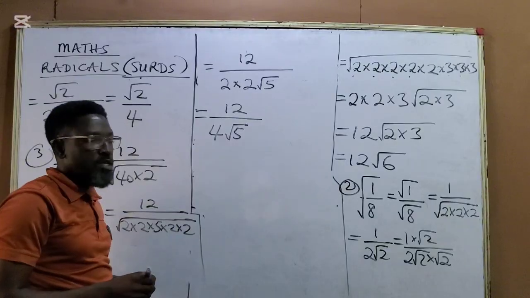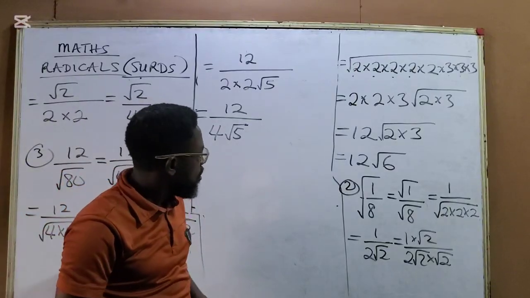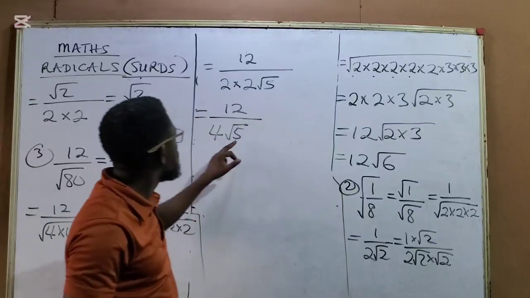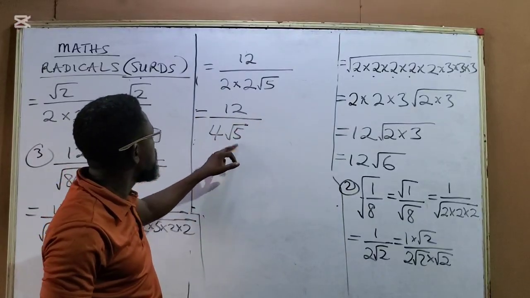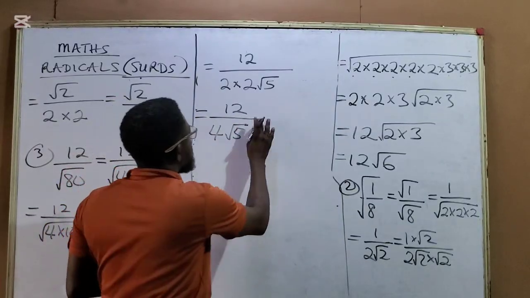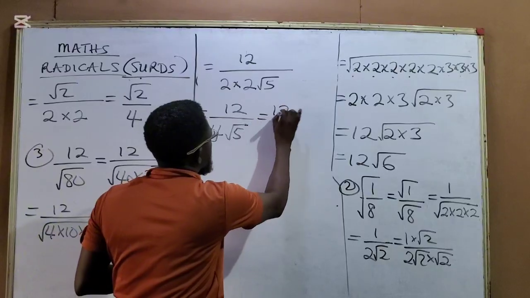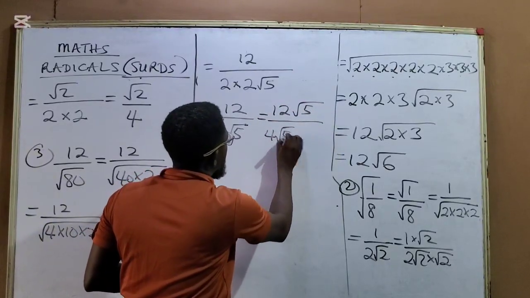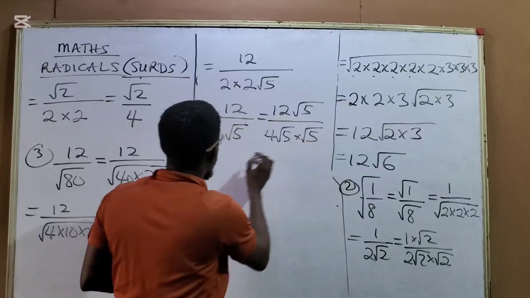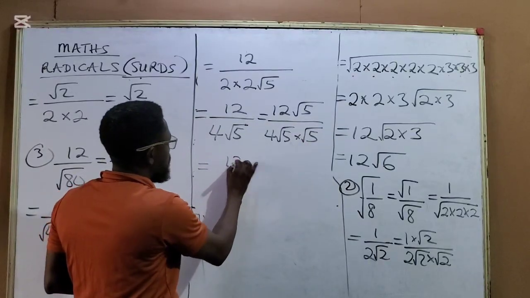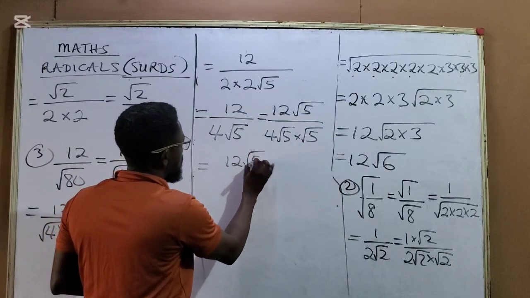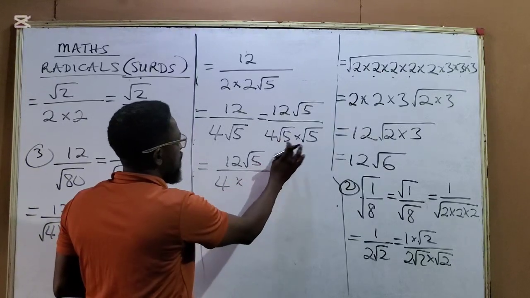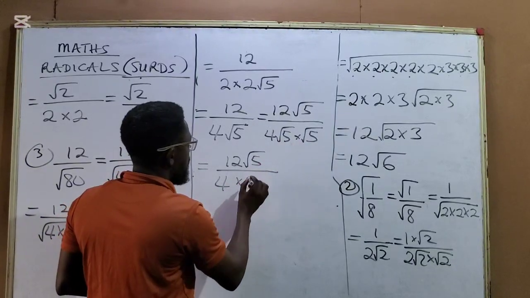We apply the same principle for rationalization, which we did in example 2. So multiply the numerator and denominator by root 5. This one will give us 12 root 5 all over 4 root 5 times root 5. Root 5 times root 5, take 1, 5.